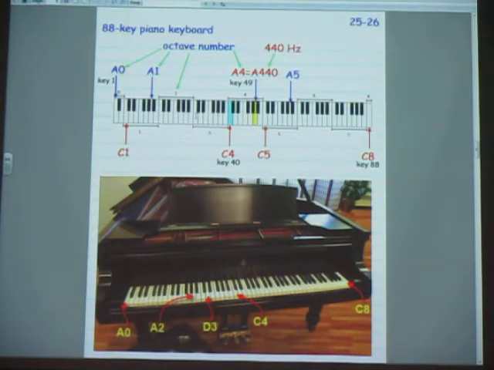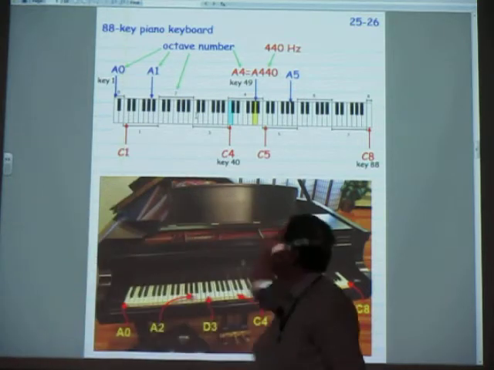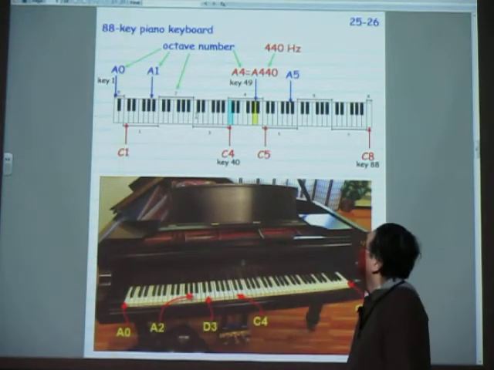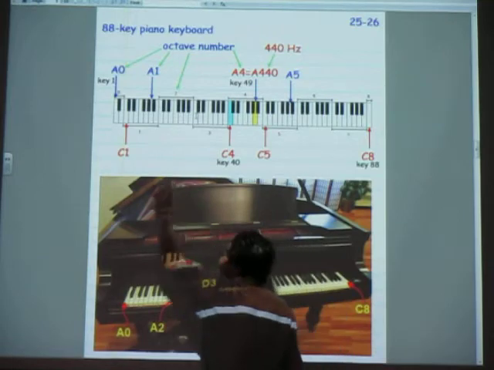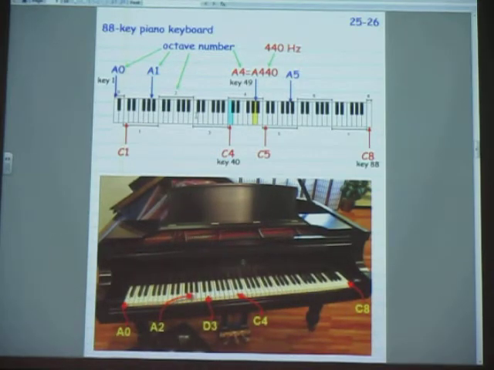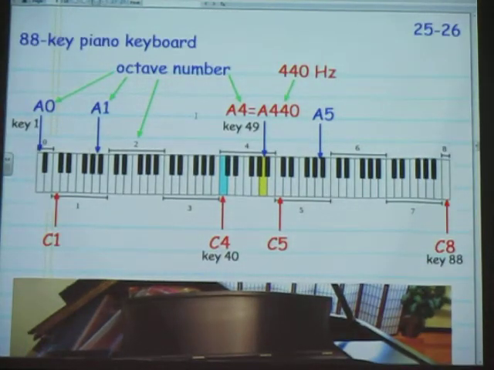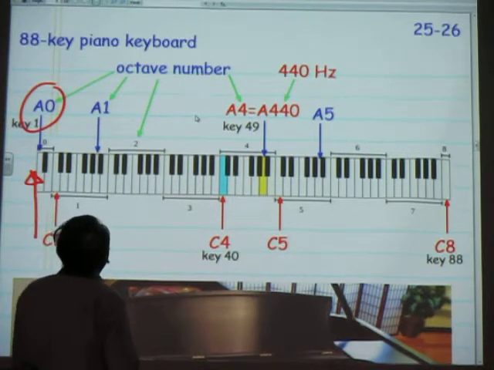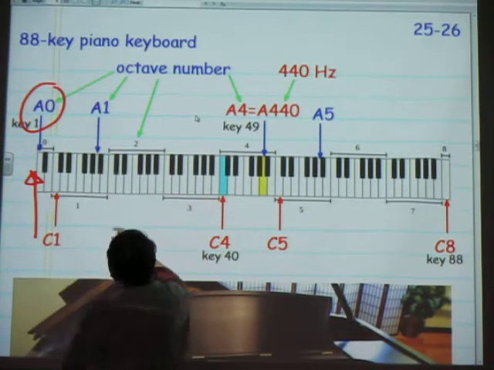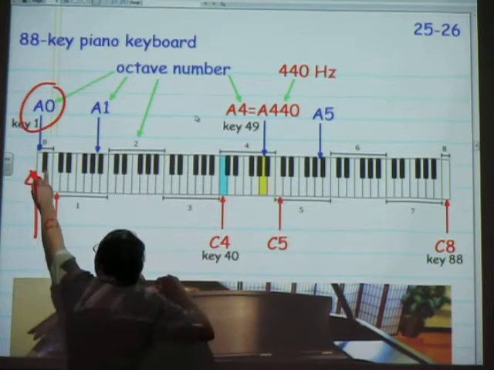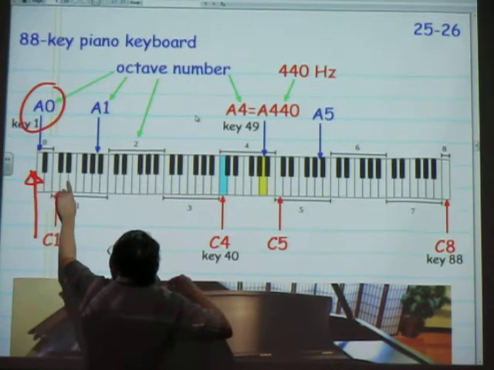A typical piano in modern days has 88 keys, with the leftmost key being the lowest frequency. Let me zoom in. That is the note A0 at 27.5 hertz.